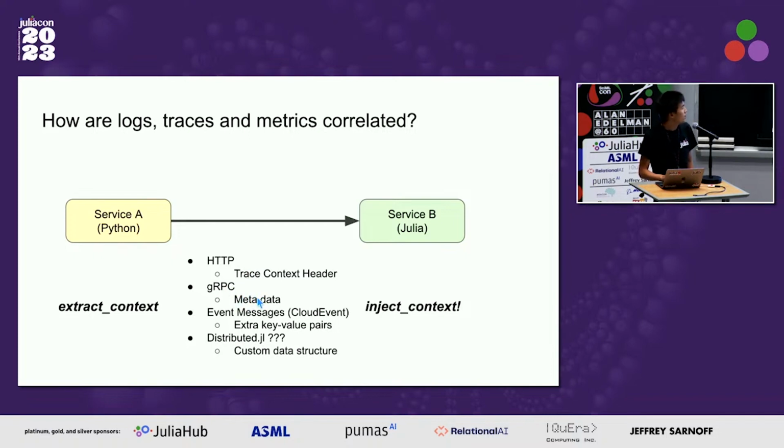In some async event messages, for example in the CloudEvents format, we can pass the context through key-value pairs and inject them into the message. But unfortunately, for example, Distributed.jl doesn't provide such metadata to allow you to convey the context info, so you have no choice but to implement your custom data structure.